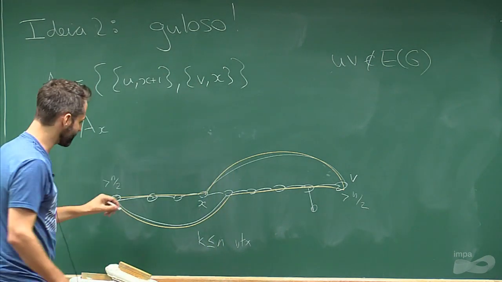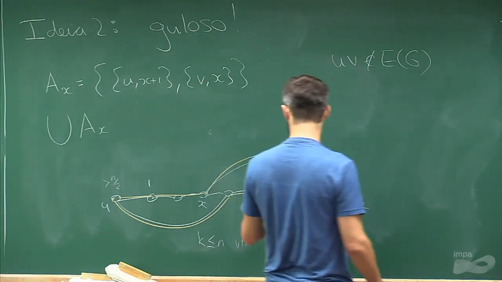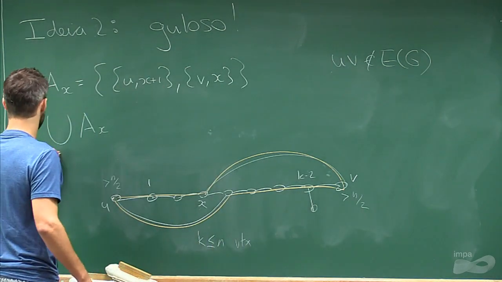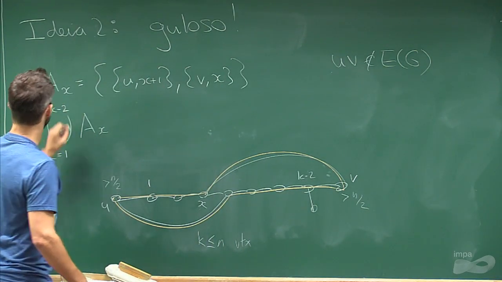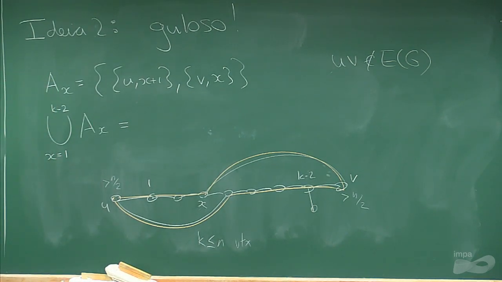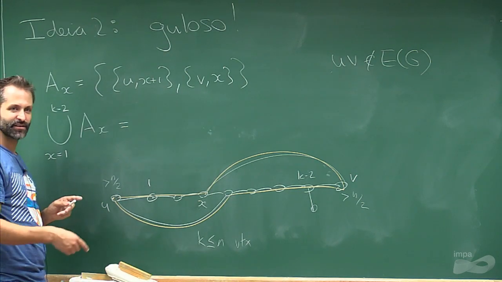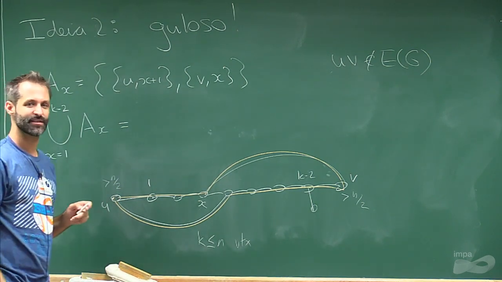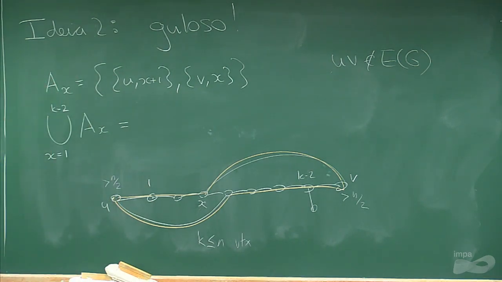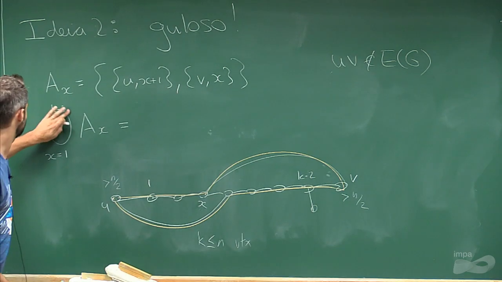Now we can do x from 1 up to k minus 2. And I claim that we've covered all of the edges from u and v to these. K minus 3, because x plus 1 would be v.